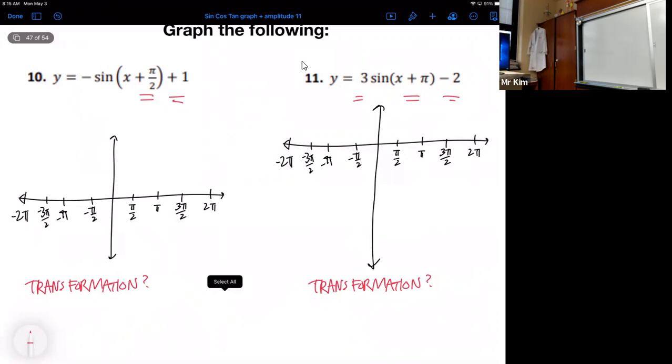This is how we do it. Kind of get it, or is it still kind of get it? So here you started from moving left by pi over 2, but then you didn't apply the vertical shift.